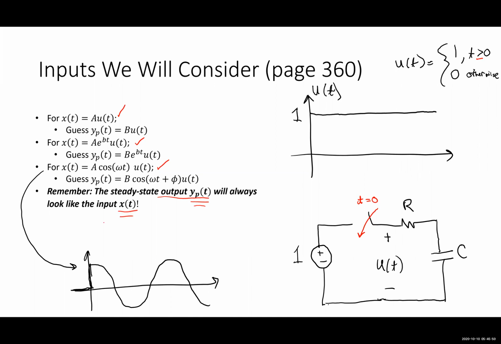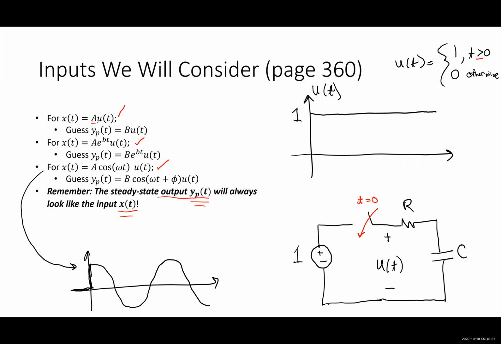All right, so I've got that summarized here. If I have a constant input applied at t equal to 0, and notice I said a times u of t. So that means a u of t would basically be this unit step multiplied by a constant.